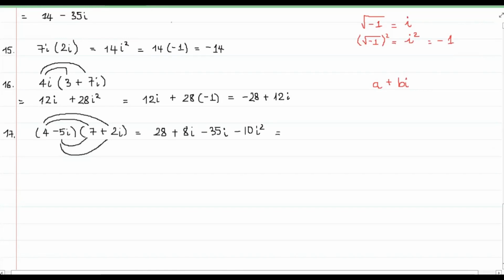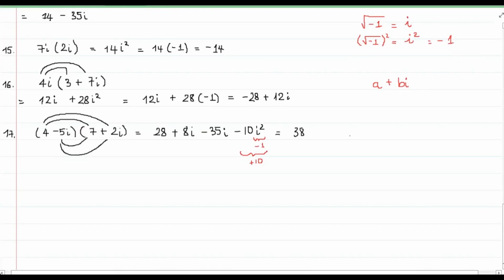Okay, now remember the i squared is negative 1. So this one becomes positive 10. So we have 28 plus 10 is 38 real part, and then 8i minus 35i.